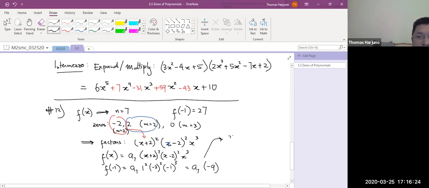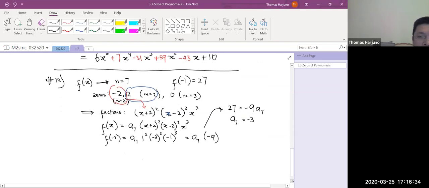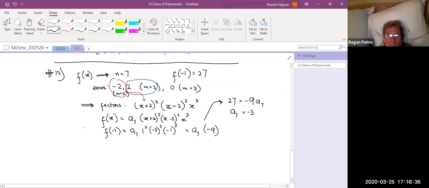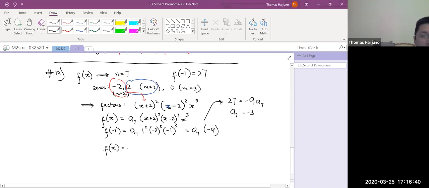So 27 equals negative 9 times a sub 7. Therefore, the leading coefficient is negative 3. And the full function is now f(x) equals negative 3 times x cubed times x plus 2 squared times x minus 2 squared.